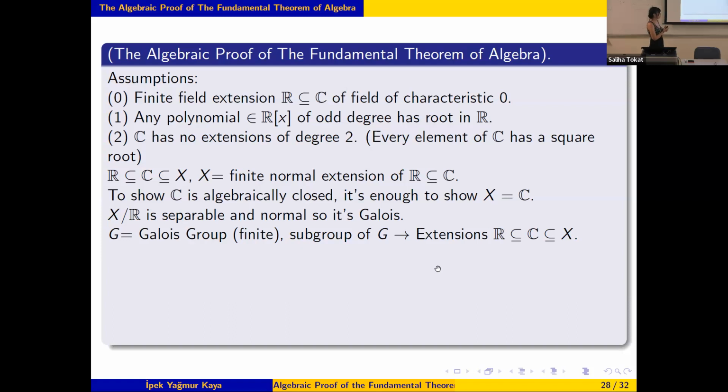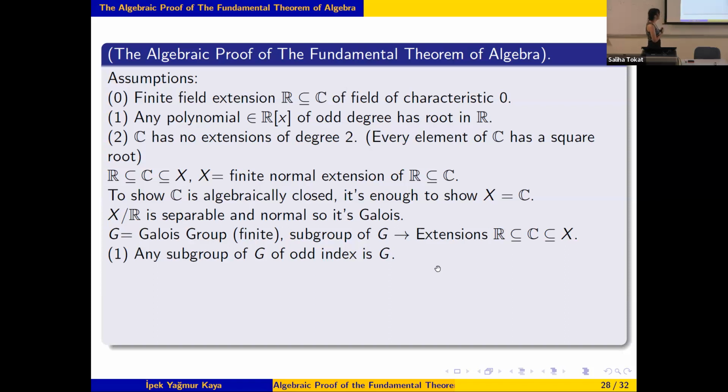So now the idea is to translate our conditions into conditions about the Galois group G. We know that a subgroup of G corresponds to an intermediate subfield of X. Our first assumption said that any polynomial of odd degree has a root in the reals. On the other hand, there is no extension of odd degree of R apart from the trivial one.